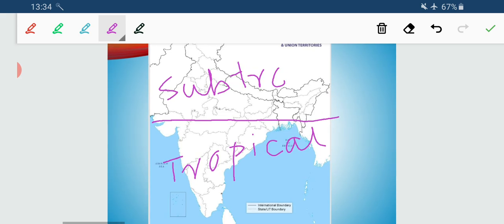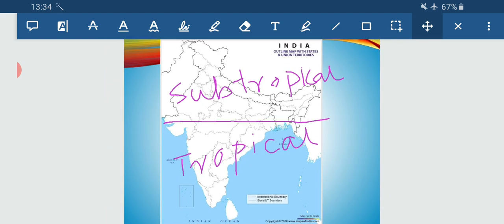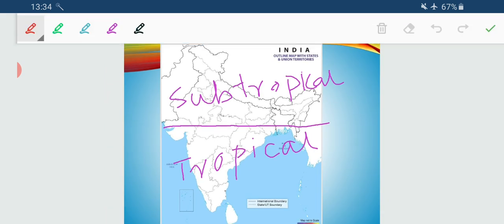Now the tropical zone and the subtropical zone, they have a bit of differences in the climatic condition. What is the basic difference? The basic difference is the tropical one has a specifically hot and humid climate.